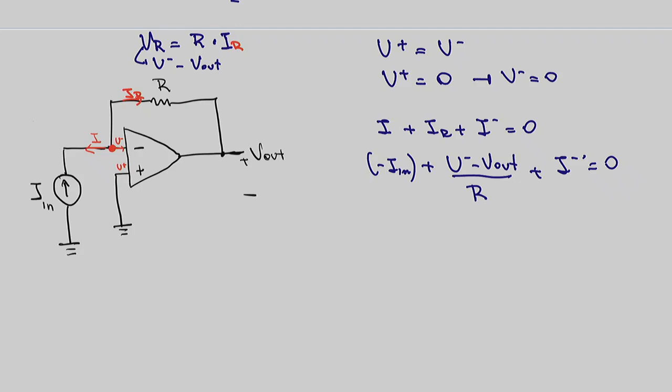Okay, let's zero out the things that we know are 0. We know U minus is 0. We know that I minus is 0. Rules of the amplifier.